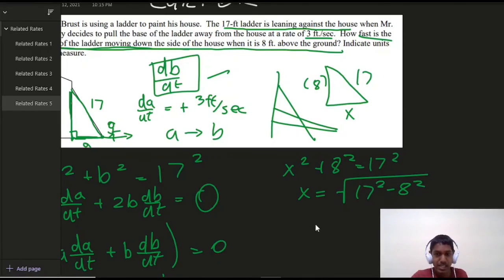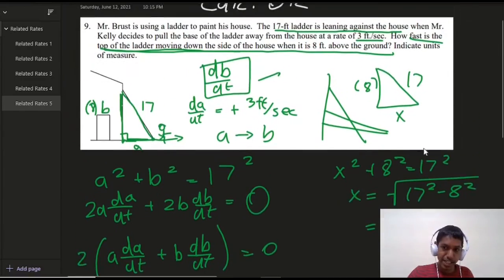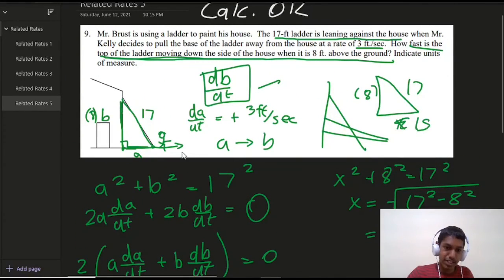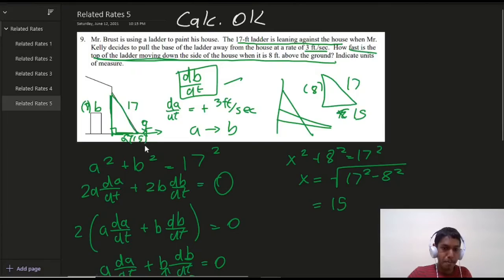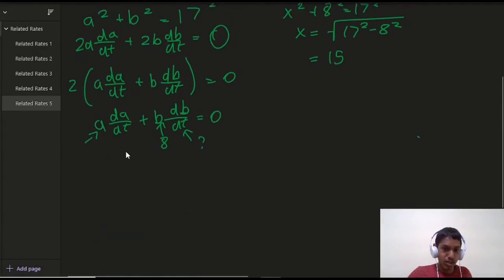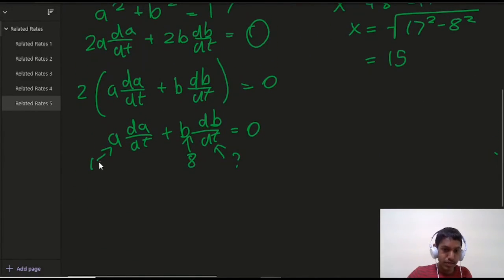You can plug this in on a calculator, and you should get 15. So x is 15, that means A is going to be 15. Again, I'm putting parentheses around there to remind myself that this is only one moment in time.